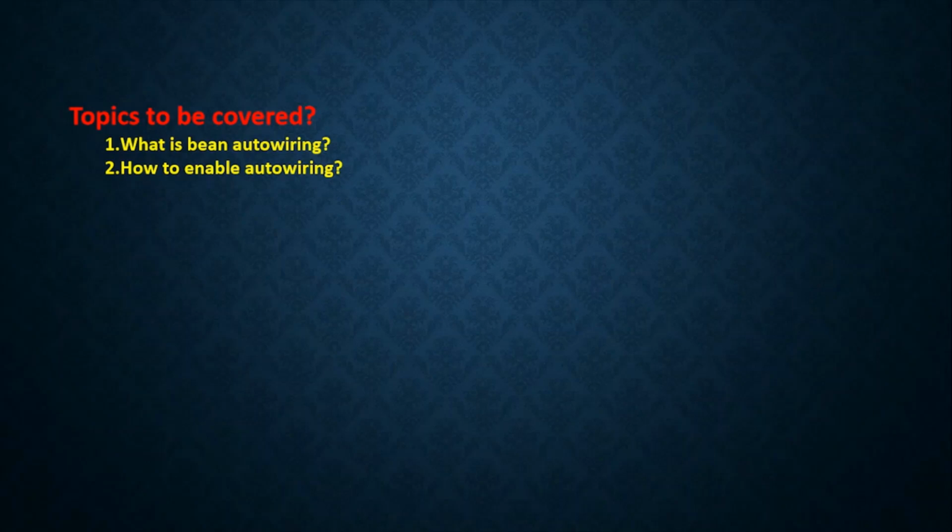I will explain what the default feature is, how we can enable auto-wiring, what the process is, and how many types of modes there are. One by one I am going to explain in this video. By default, auto-wiring is off, so as a developer we are explicitly configuring the bean definition inside the application context.xml file.